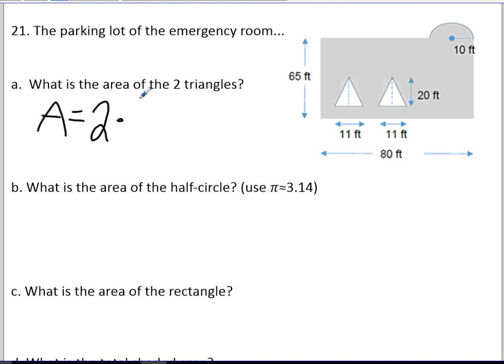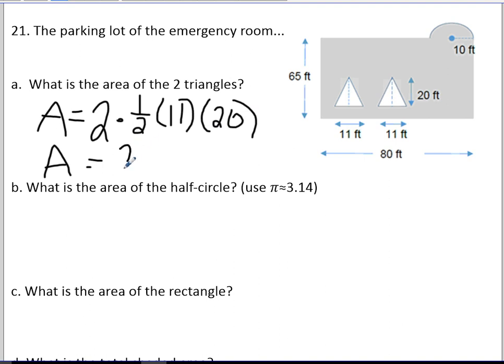And the area of the triangle is 1/2 times base, which will tell us the bottom of the triangle is 11, times the height, which is 20. So again, that covers both triangles. 2 times 1/2 would be 1, and then 1 times 11 times 20 gives us 220 square feet.